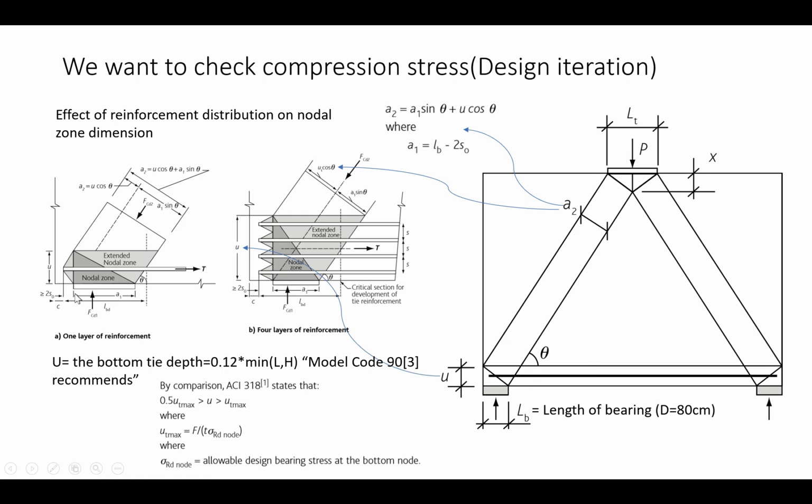You see here, for one layer of reinforcement, the A1 nodal zone is mostly the same as the length of the bearing, but when you add more rebar layers, the width of A1 decreases.